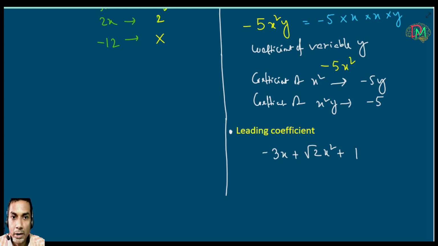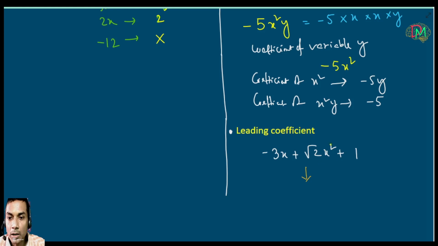You have to write the standard form. Later we will discuss what the standard form of a polynomial is, so that you have a clear idea. But since we are discussing the coefficient, you should have a clear, detailed understanding of the coefficient.